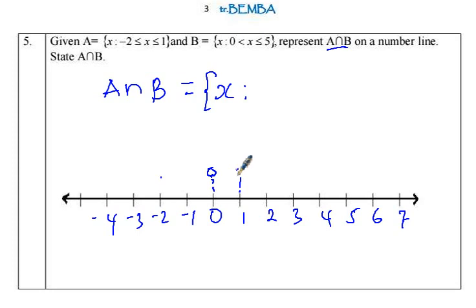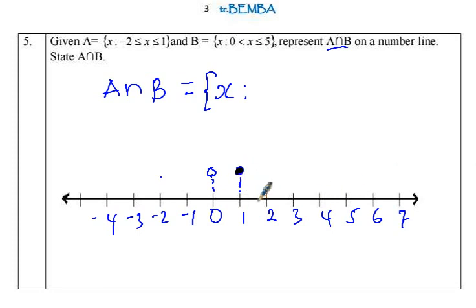1 is also there. Now since 1 is a member in this set A here, and when you look at this set here, it is also there, then it must be included, and we can show that by shading here, to show that 1 is part of the intersection.